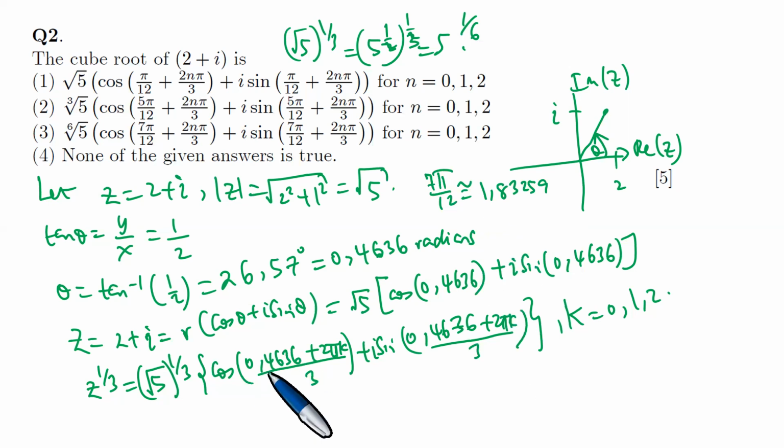But the question is, if you have 0.46 and you divide it by 3, can it be 1 point something? It can't be, because 3 is even bigger than the numerator. So these were expected even to be less, 0 point something.